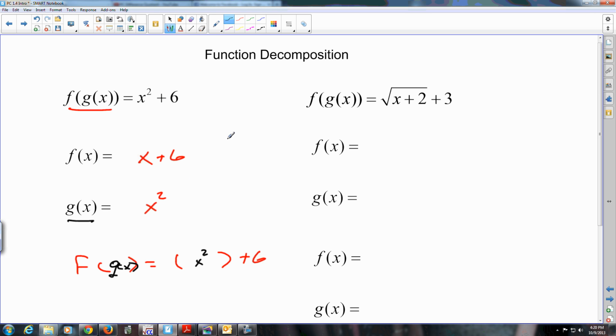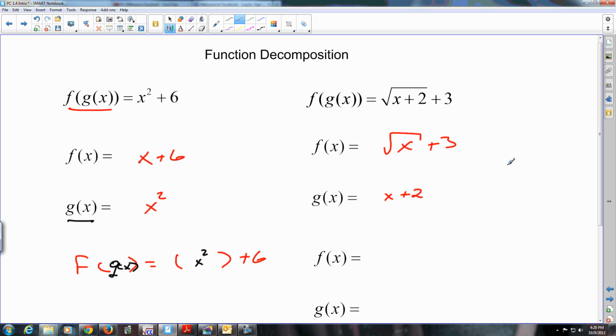Now, it doesn't always work this way, so let me show you some ones where this is the only option, whereas this one has two different possible answers. Let's see. First thing, how about square root of x plus 3? So what does that mean this one has to be? x plus 2.